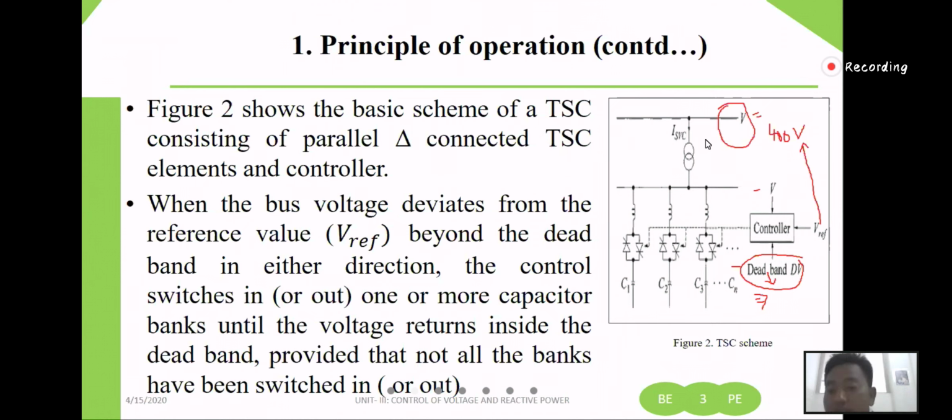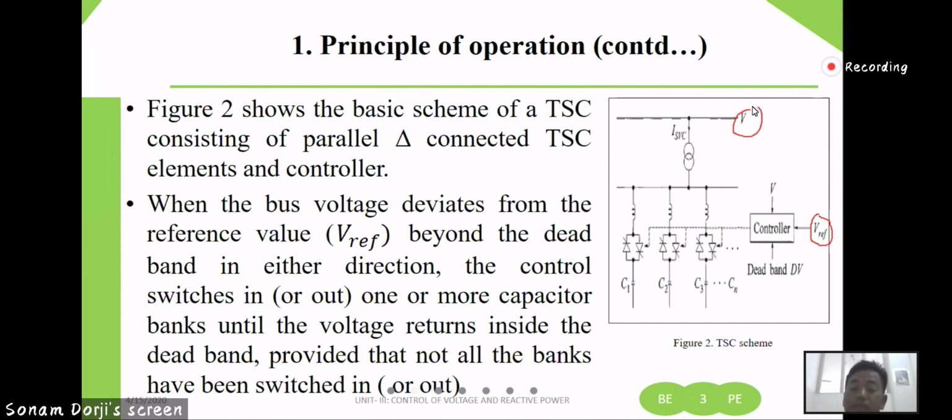Okay, so now if it crosses your reference voltage, I have given the example 400.